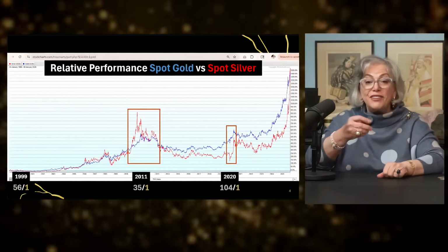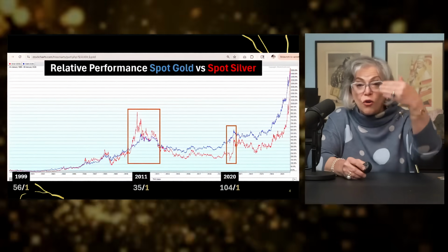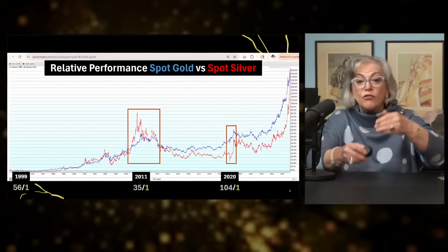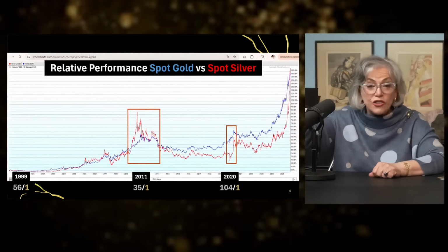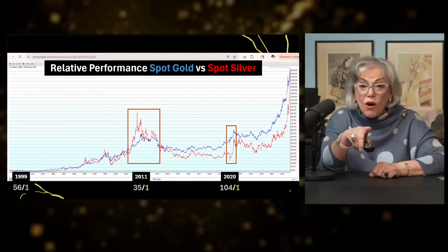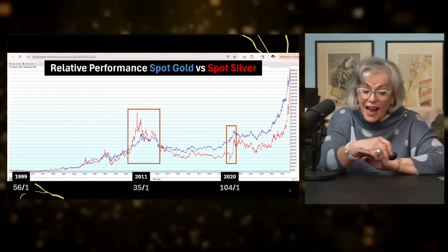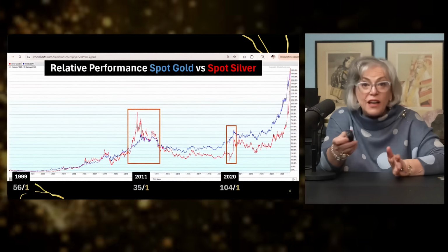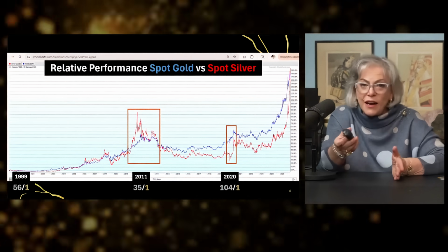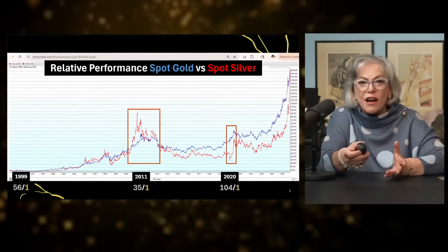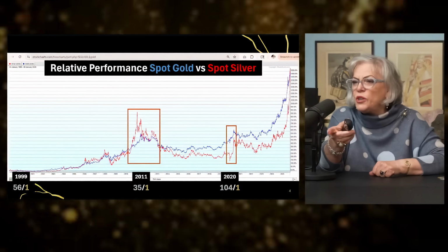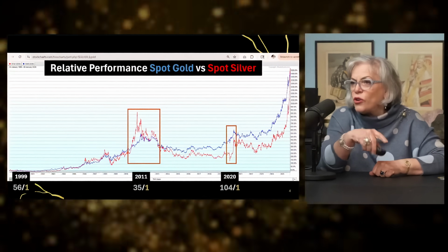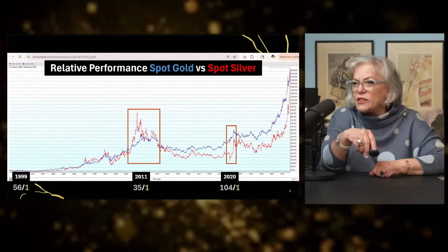So there are definitely times when spot gold will move faster than spot silver, or spot silver will move faster than spot gold. And you can go on this relative performance chart. Anybody can. You can do this for free. So you don't even have to sign up for it. Just at stockcharts.com. And didn't we do a video on how to get to the relative performance?